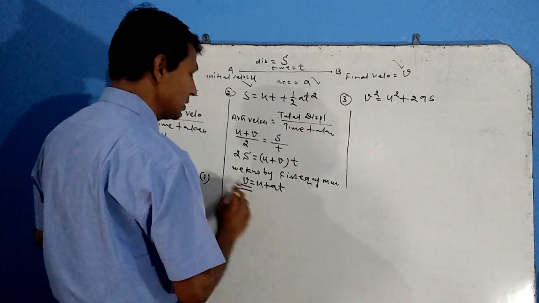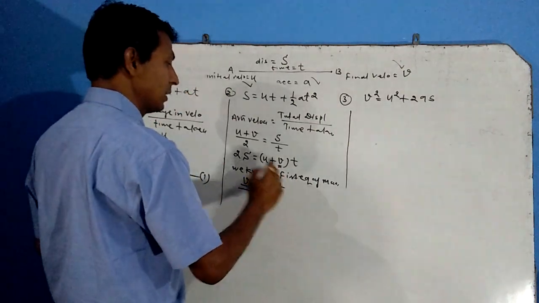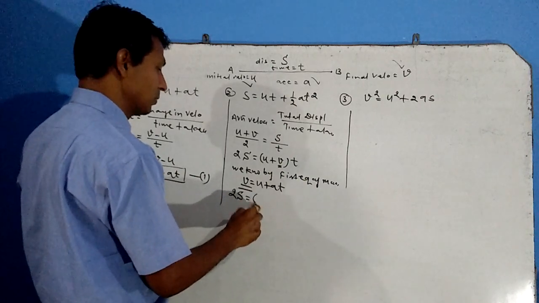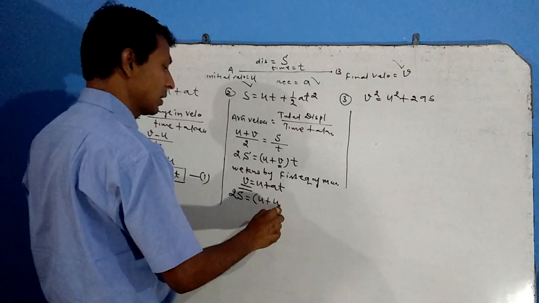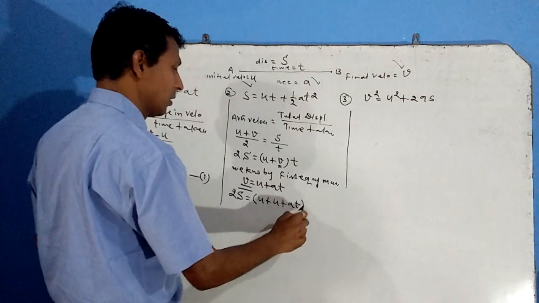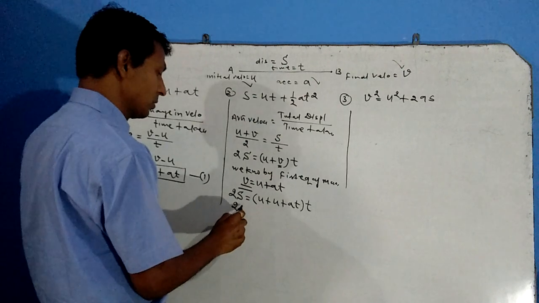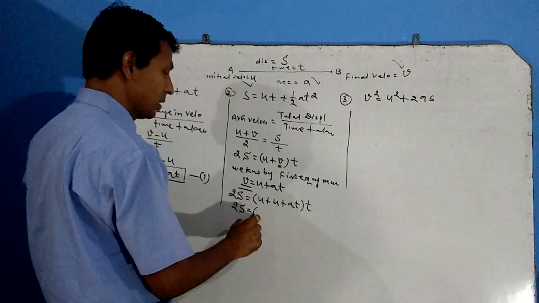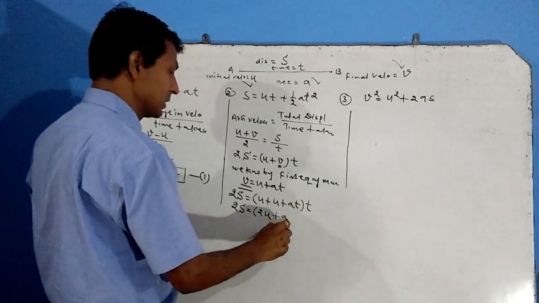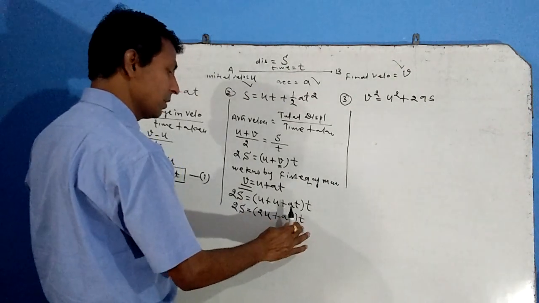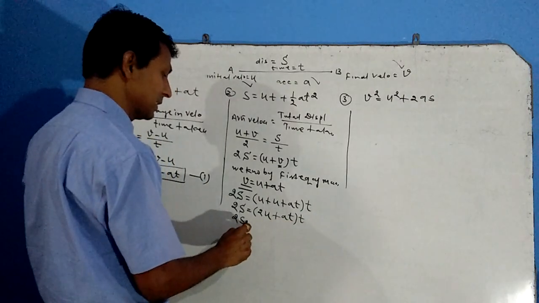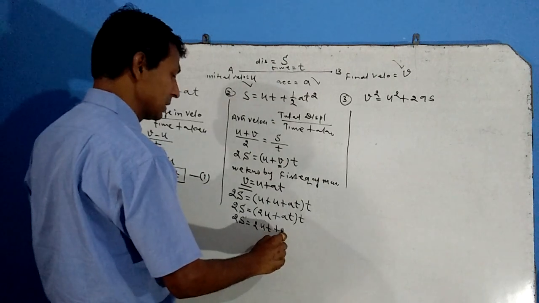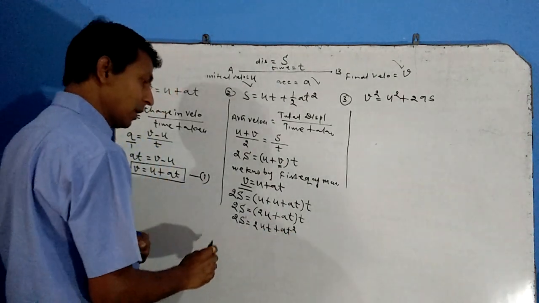Putting this value in this equation, twice s is equal to u as it is, and in place of v it will be u plus at, and t as it is. Twice s is equal to, in the bracket, u and u become 2u plus at. Now multiplying this t with the whole bracket, 2s is equal to 2ut plus at square.